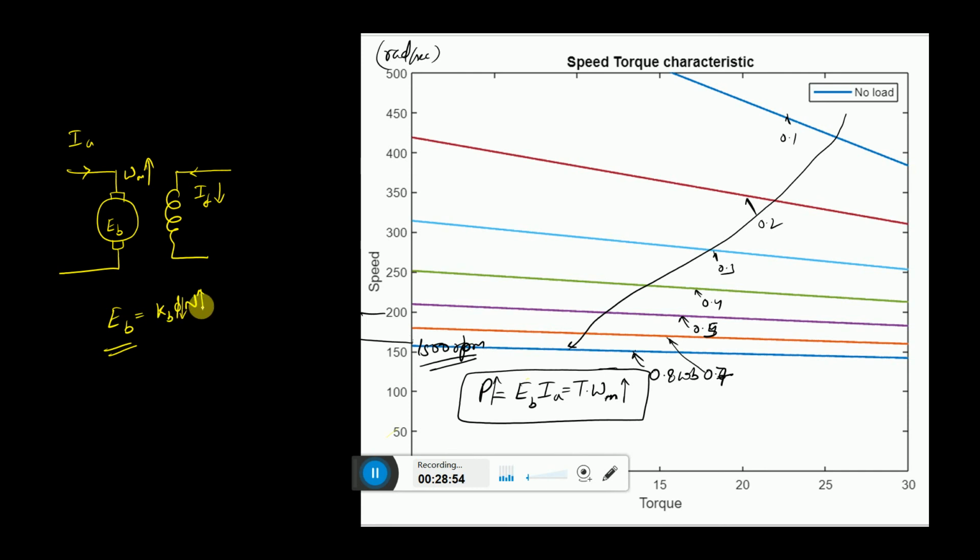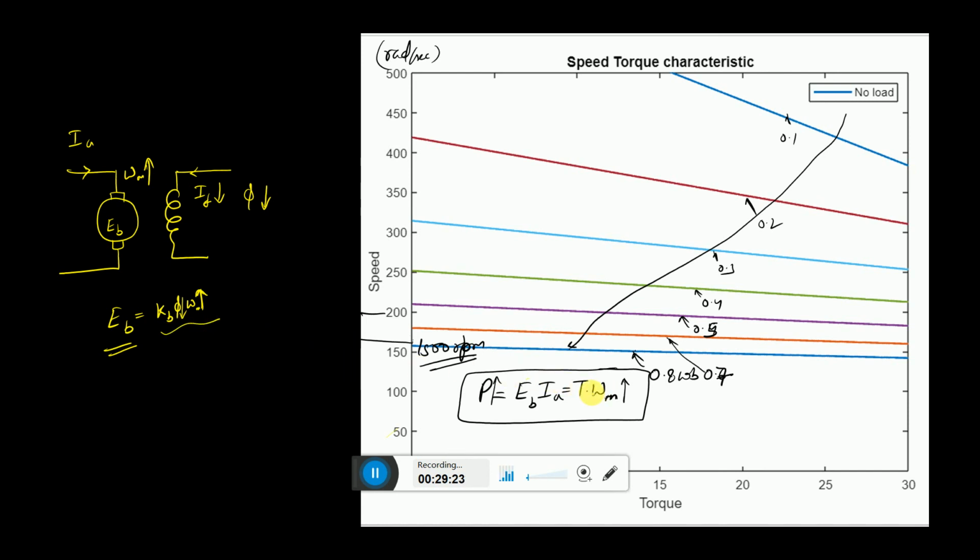Thus, we can also write this same expression as KB phi omega m. If you are increasing the value of omega by decreasing the flux, we are trying to keep the EB constant.